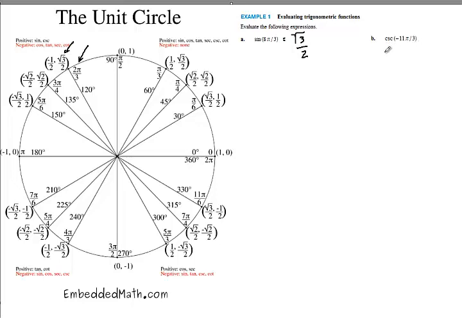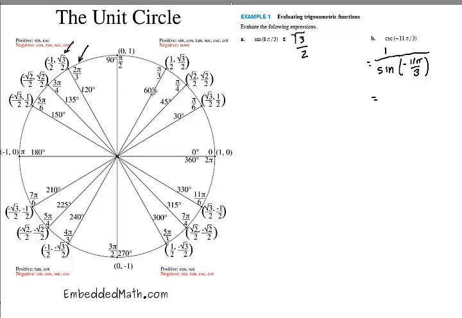Cosecant is 1 over sine of negative 11 pi over 3. So the negative just tells me to go around the circle the other way.